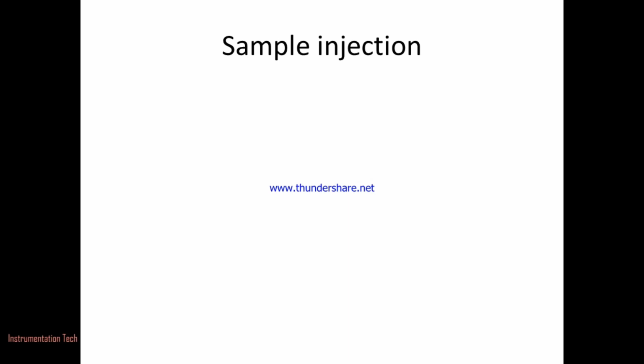Sample injection. 2 methods are available to introduce the sample as a narrow band. First one, sample is injected using a micro syringe when the pressure has dropped to almost 1 atmosphere after switching the pump off. This is called stop flow injection.